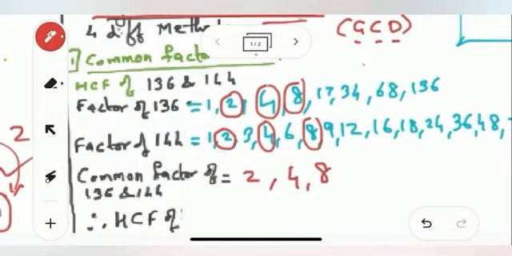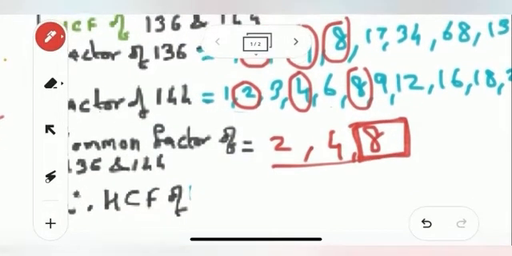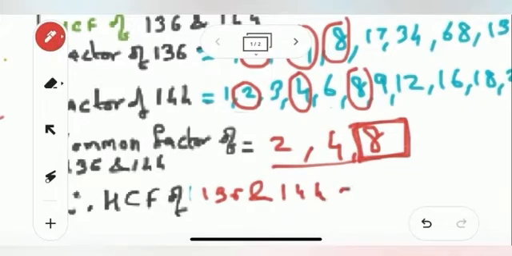They are the common factors of 136 and 144. Among these three, 8 is the highest common factor. So the highest common factor of 136 and 144 is equal to 8.